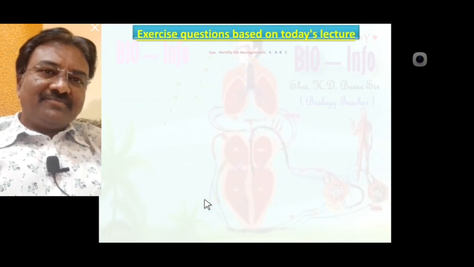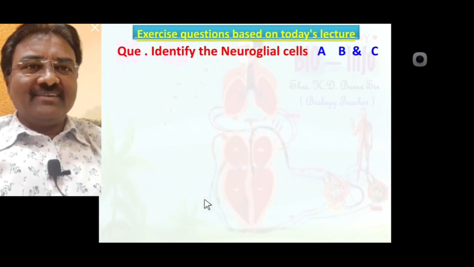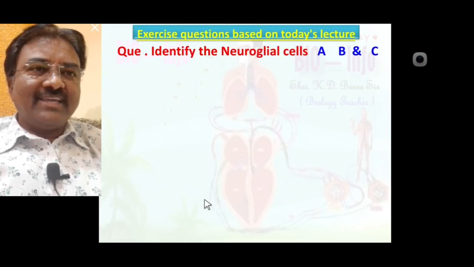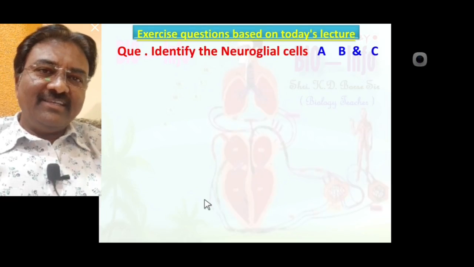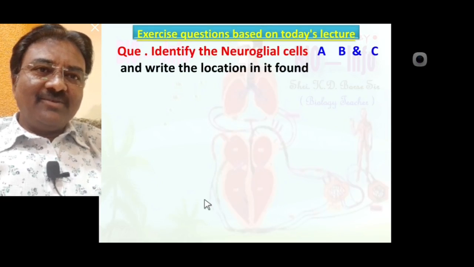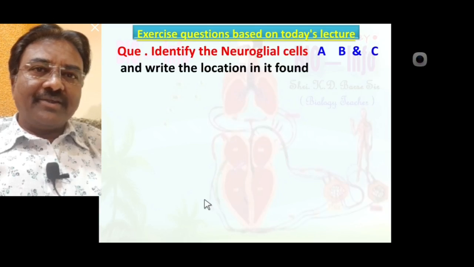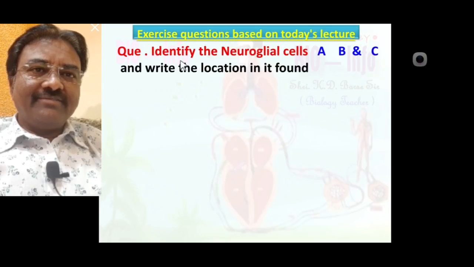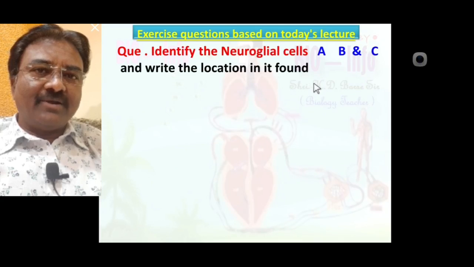Now identify the neuroglial cells A, B and C, and write the location in which they are found.